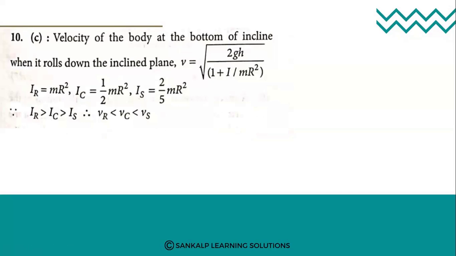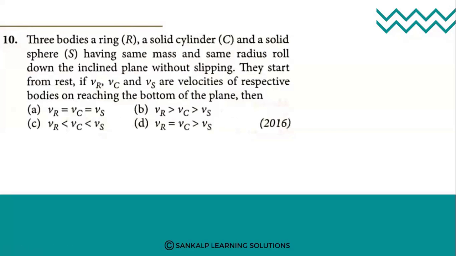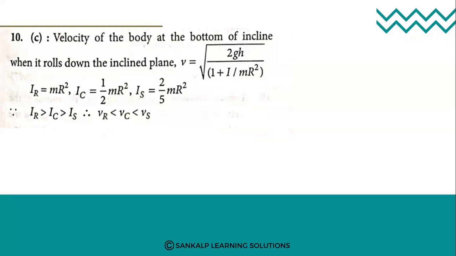See, here is the velocity of the body at the bottom of the incline when it rolls down the inclined plane. The velocity of the ring is less than the cylinder, which is less than the solid sphere. That means the solid sphere has the most velocity.